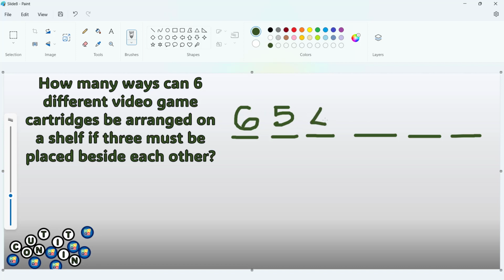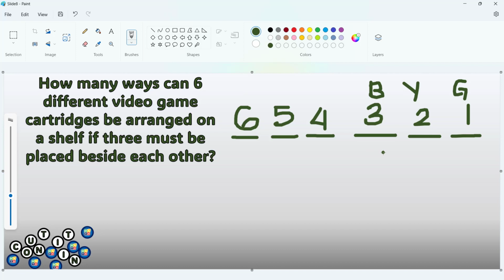There are only 4 possibilities here, following with 3, 2, and 1. But this is for the situation where there's no restriction like 3 must be placed beside each other, because if you use blue, yellow, and green, since there's no restriction, you can place them anywhere you want.